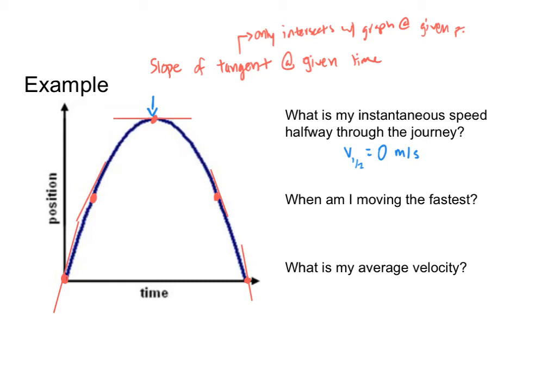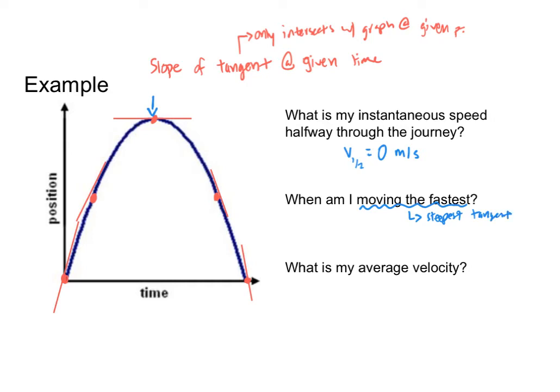Next, I want to figure out where I'm moving the fastest. So I want to find the point with the tangent line that has the steepest slope. So I want to find the steepest tangent.